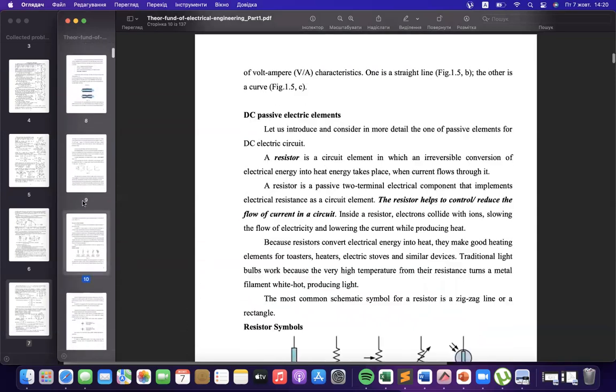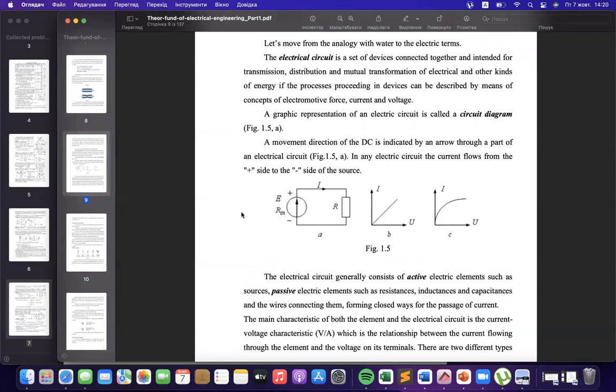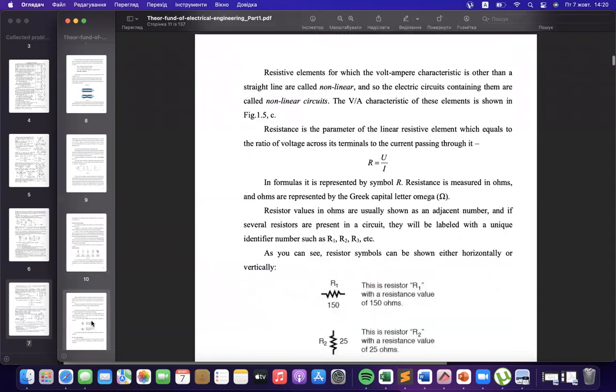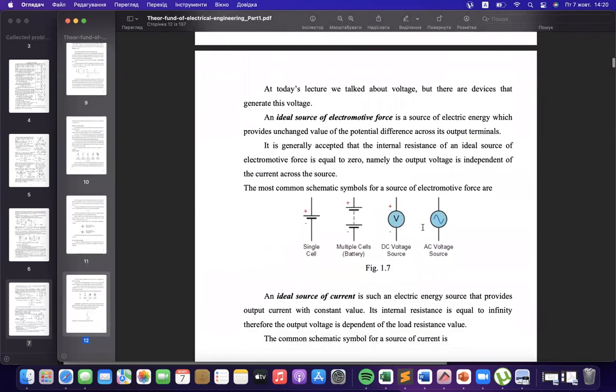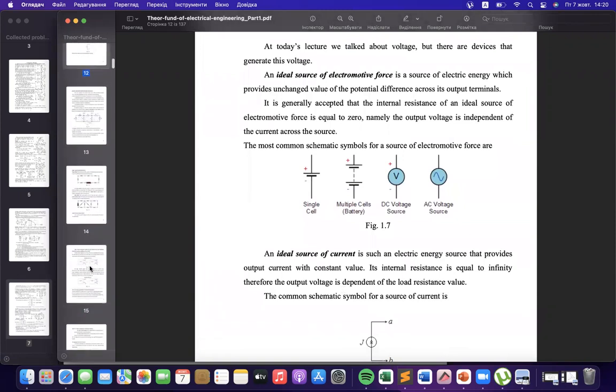We discussed the main elements of the mathematical model: sources and consumers, consumers as resistors, and sources as voltage source and current source, two ideal different cases.